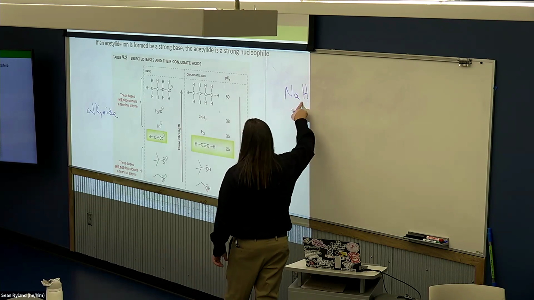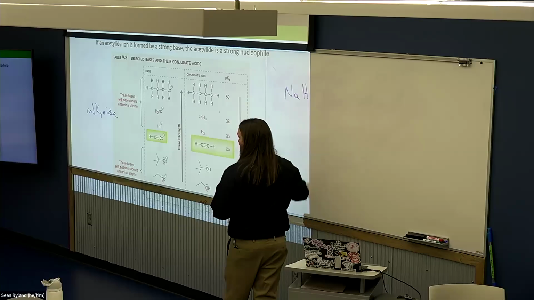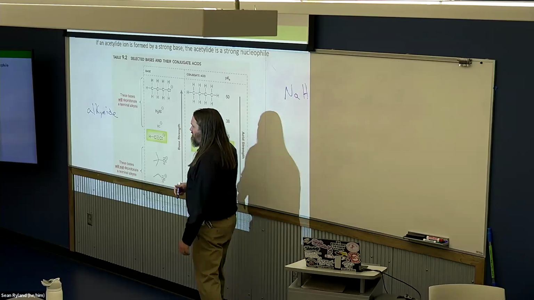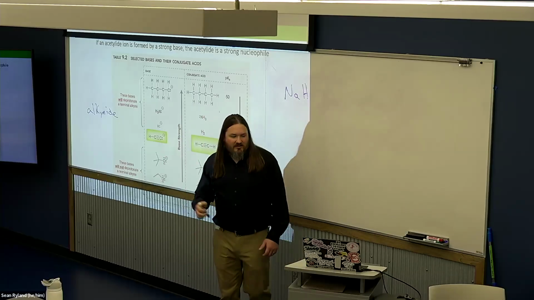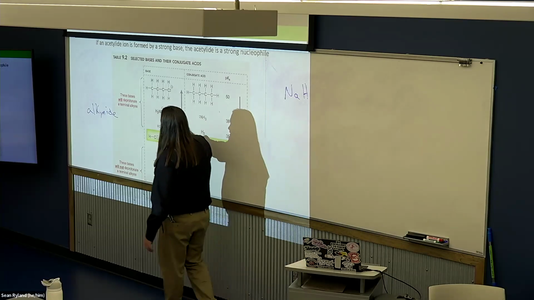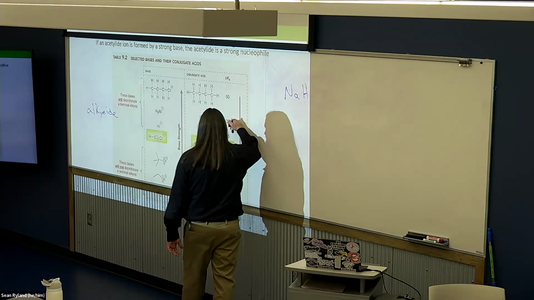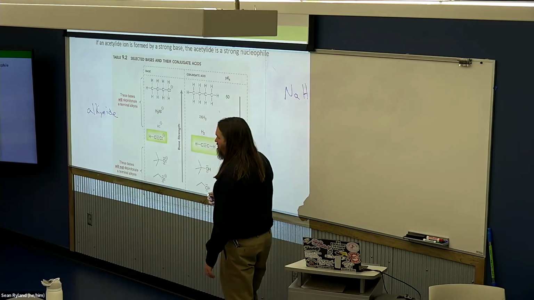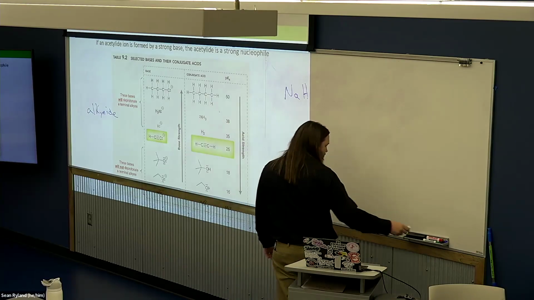The problem with this is it's not very shelf stable. Sodium amide is much more shelf stable. And so that's the more common option to use. It is a slightly stronger base anyway, so we do get even better yields.